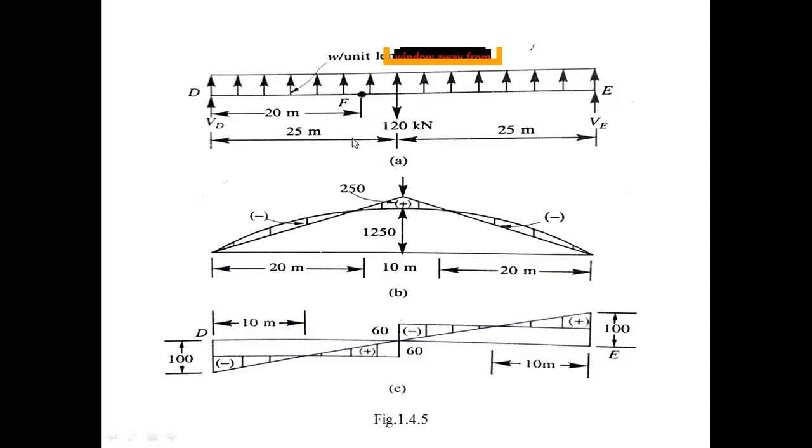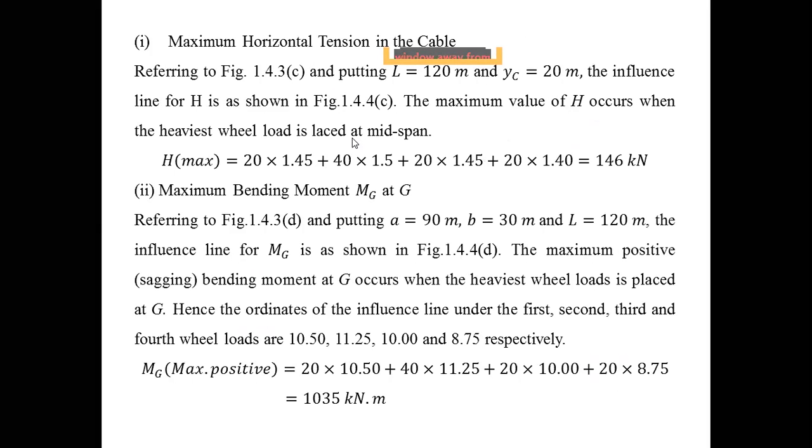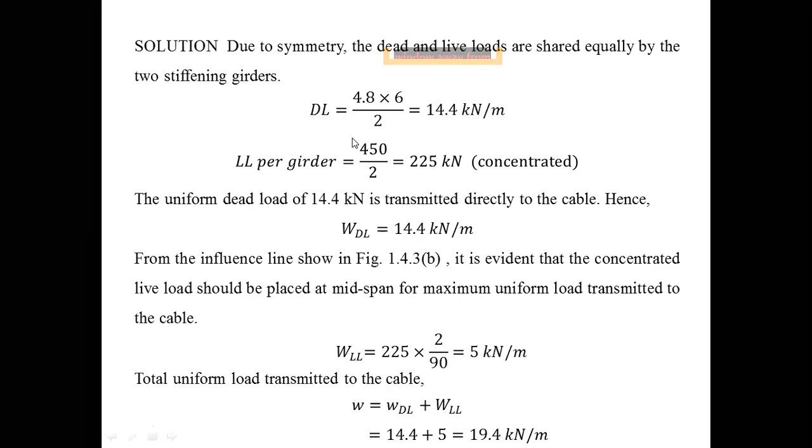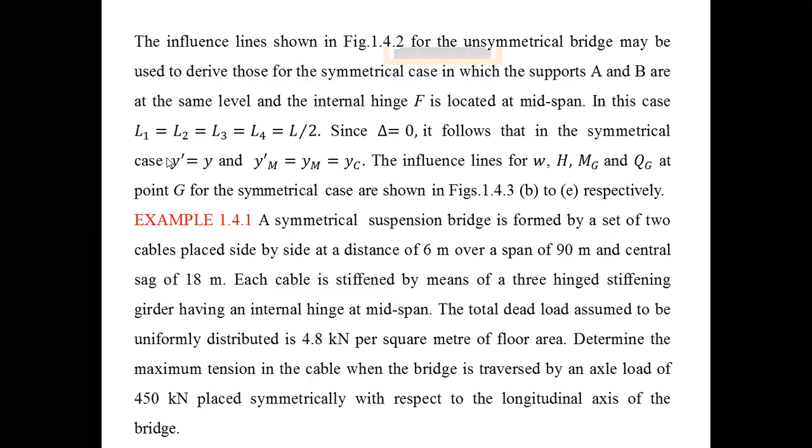Okay, let us see. Write down: a symmetrical suspension bridge is formed by a set of two cables placed side by side at a distance of 6 meters, over a span of 90 meters, and the central sag is 18 meters.